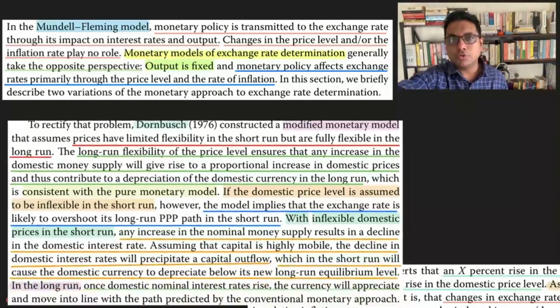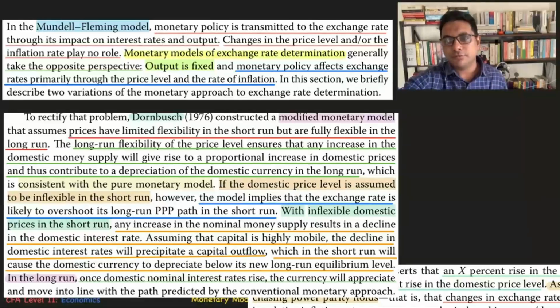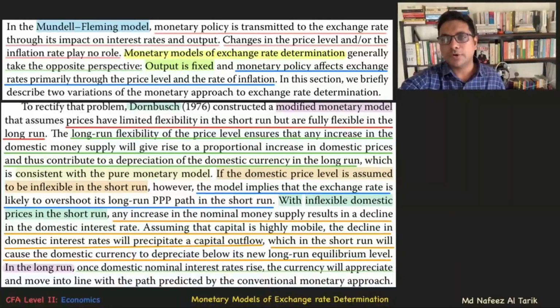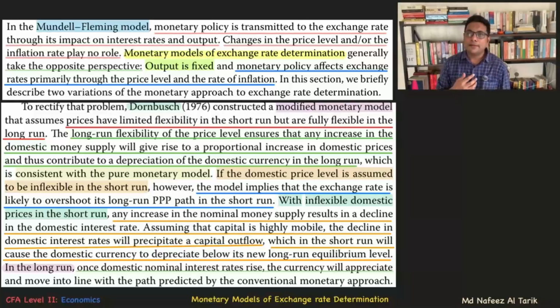To rectify the problem of the monetary model, Dornbusch provided a modified monetary model, in which it is assumed that prices have limited flexibility in the short run, but are fully flexible in the long run.